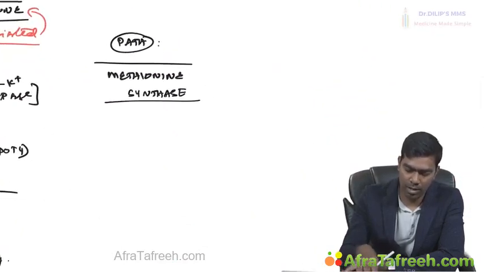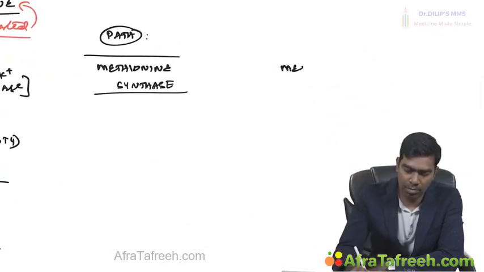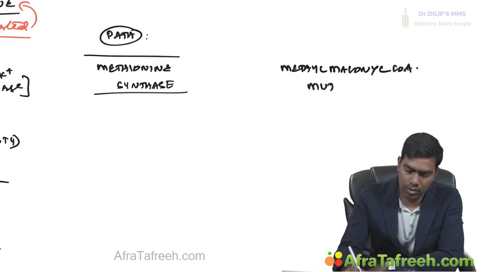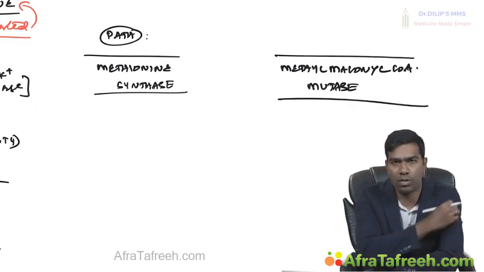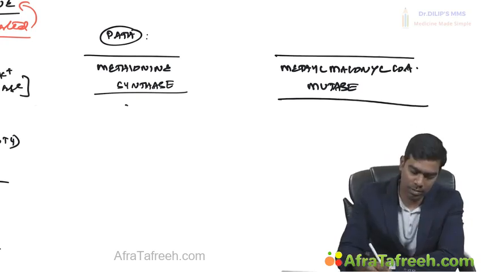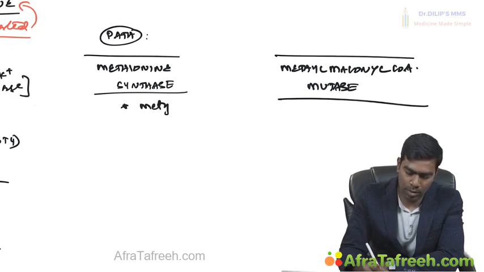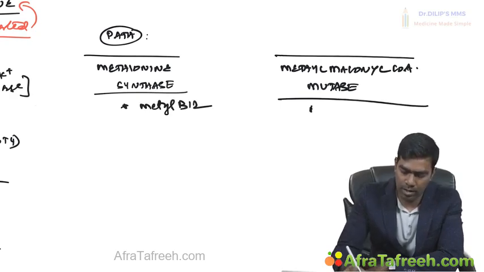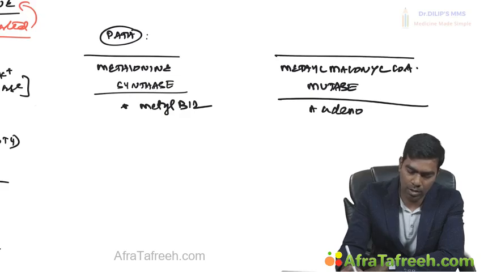So you can write the second enzyme that is important: methylmalonyl-CoA mutase. So these are the two enzymes that are dependent on B12. The cofactor in methionine synthase is methylcobalamin, and here you have adenosylcobalamin.